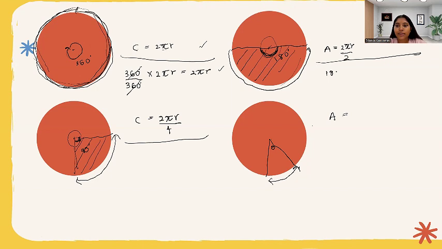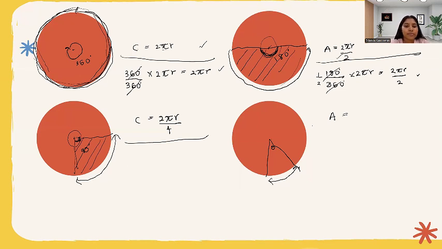So I'm writing 180 over 360 degrees into 2πr. So 180 and 360 cancel, it is half and the answer is 2πr divided by 2. So the same answer is here.